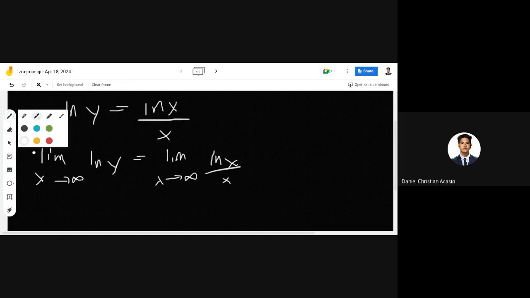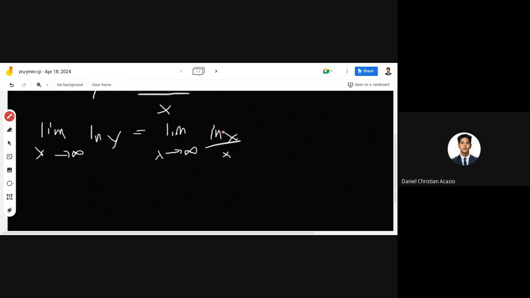If I try to find its limit, ln infinity is infinity over infinity.